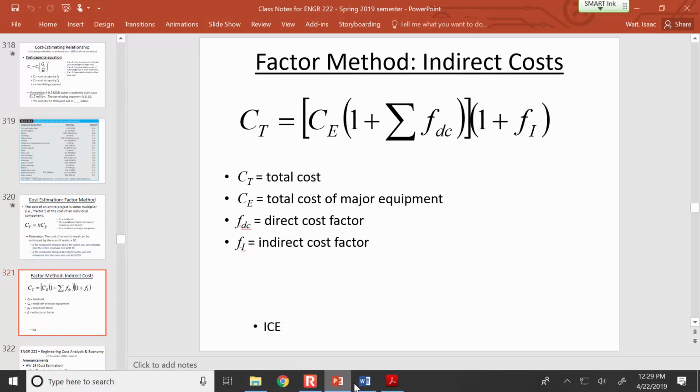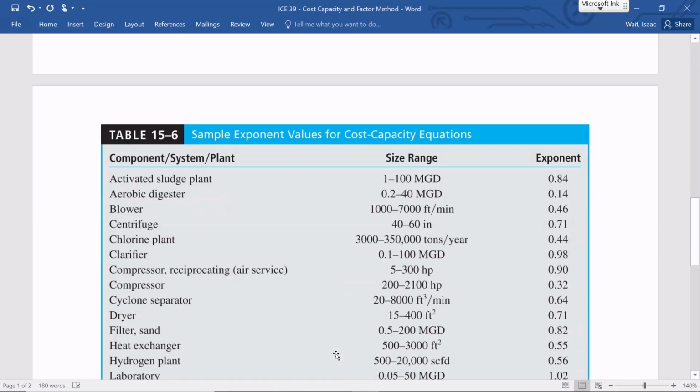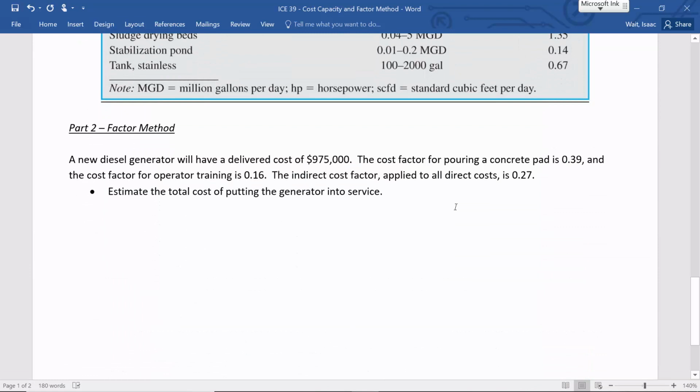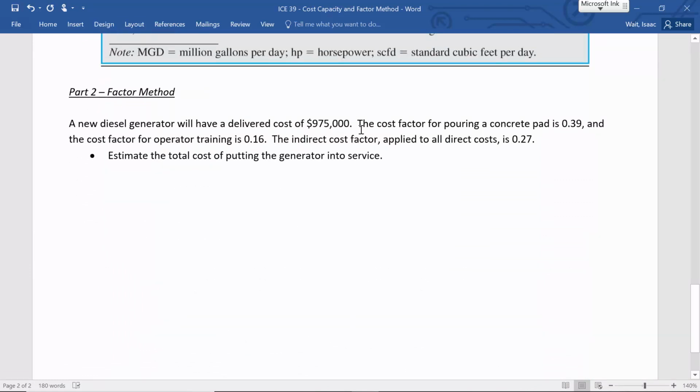So in the in-class exercise, what we're going to do is take a look at this diesel generator, and we know the delivered cost. That's the cost of the equipment itself, but that's not the entirety of the costs for putting it into service.